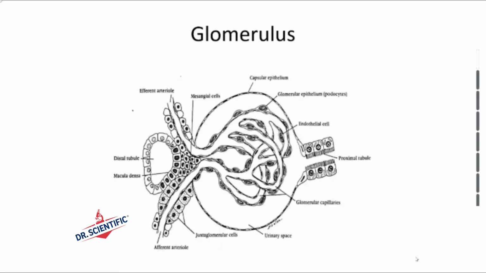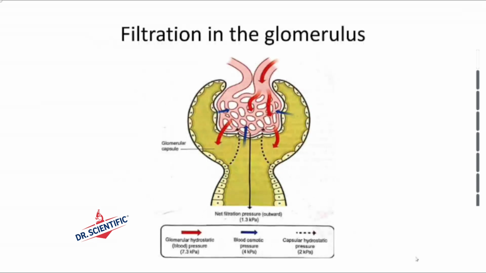For example, in that glomerulus, the net filtration pressure will finally be like 1.3 kPa. You can see the glomerular hydrostatic pressure coming in is like 7.3, and then we have the blood osmotic pressure around 4. So when you calculate the final net filtration pressure, it will be around 1.3, because there is the capsular hydrostatic pressure, which tends to bring things back.